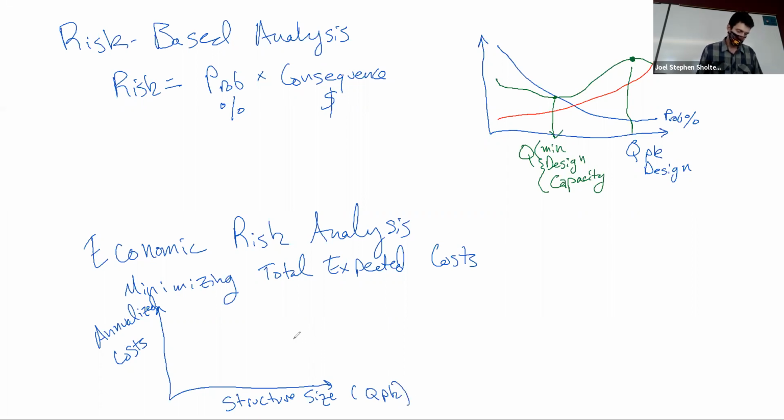And let's see. So as we increase the size of the structure, the costs increase probably non-linearly. Really big, maybe the incremental cost becomes much bigger. So there's probably a sweet spot in there. And then we have flood damages. So as the structure size increases, our probability of flood damages goes down.